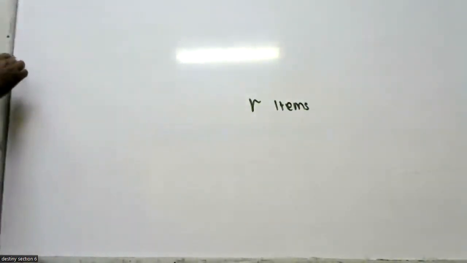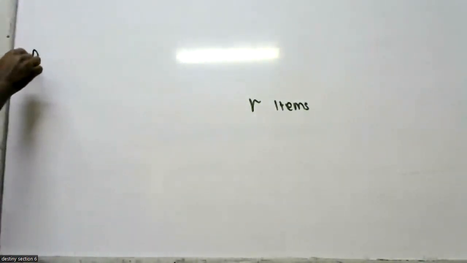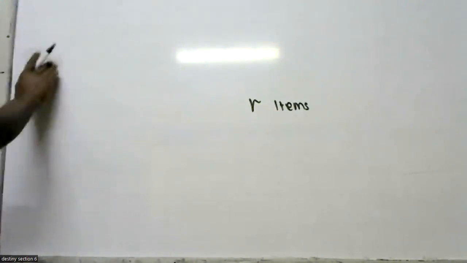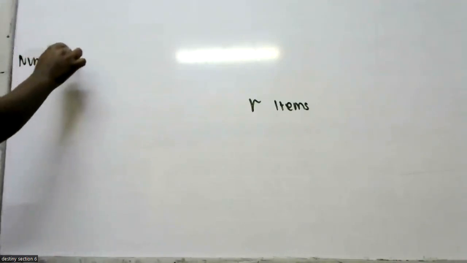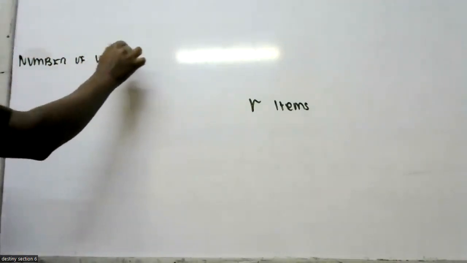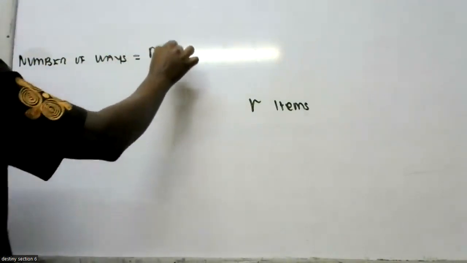Permutations recognize positions. The computation is number of ways equals nPr.